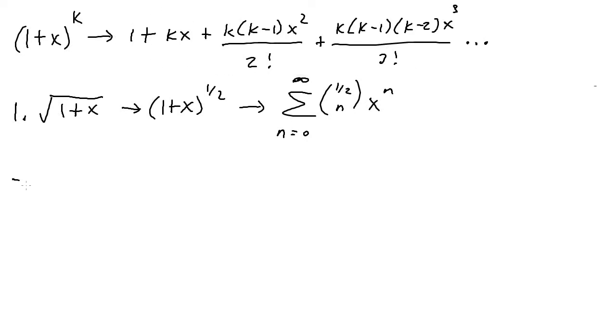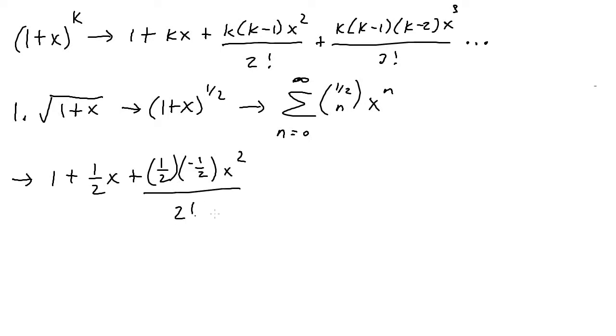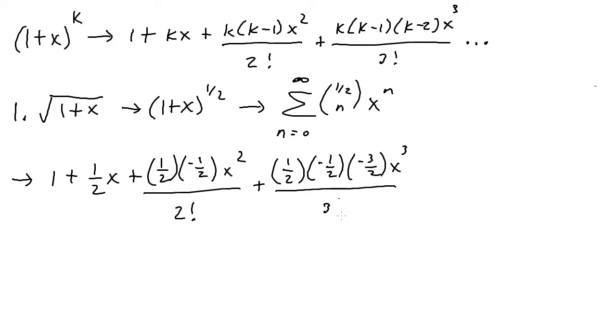So obviously the very first term is going to be 1, and then plus k, which is 1/2 times x, plus 1/2 times k minus 1, so negative 1/2, times x squared over 2 factorial, and then plus 1/2 times negative 1/2 times k minus 2, negative 3/2, times x cubed over 3 factorial, and so forth.